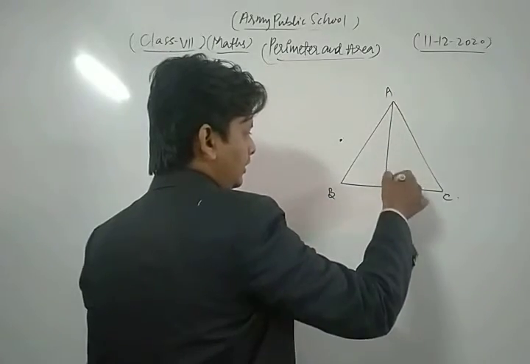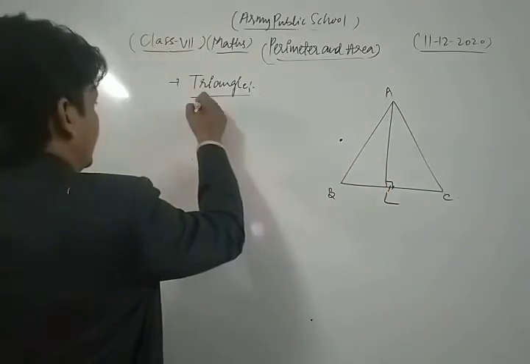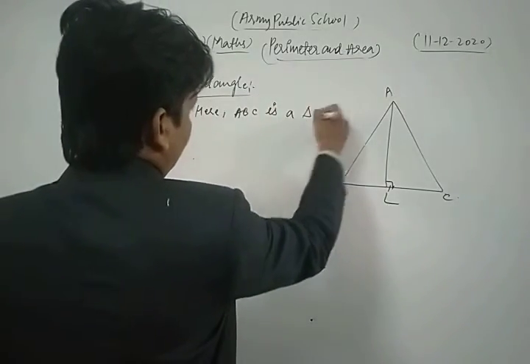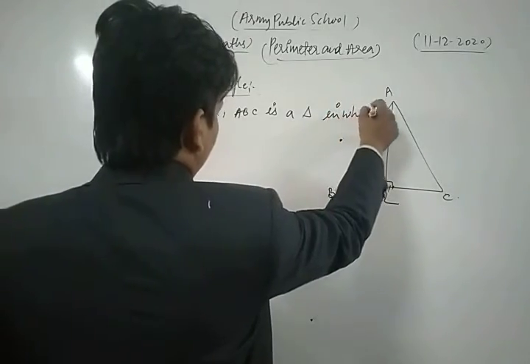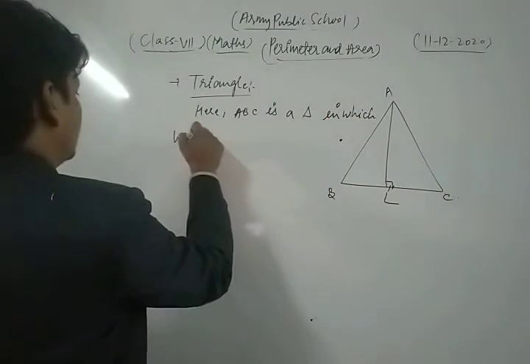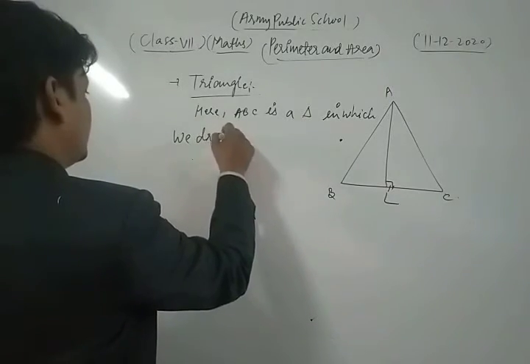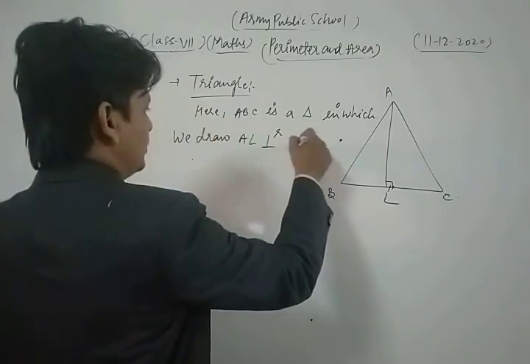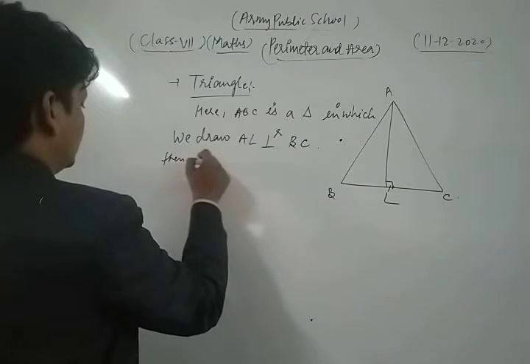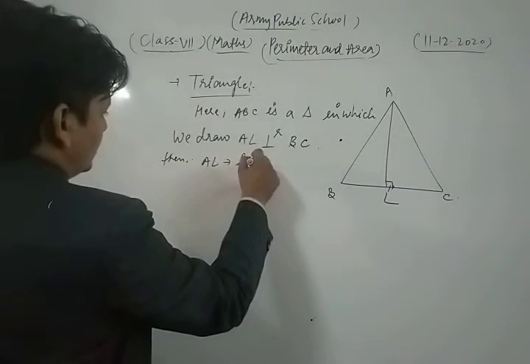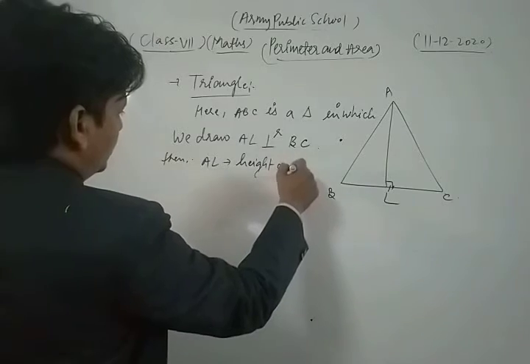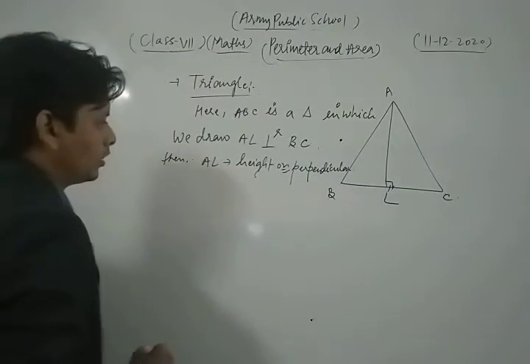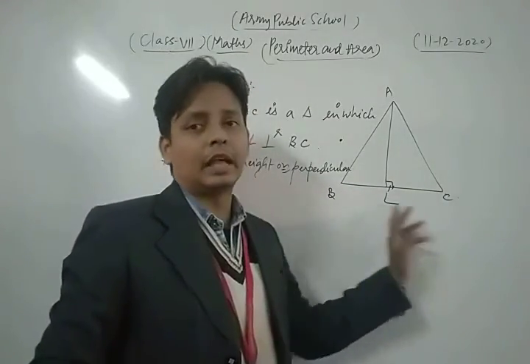Suppose we draw AL perpendicular to BC. Then what is AL? AL is the height or perpendicular corresponding to the base BC.